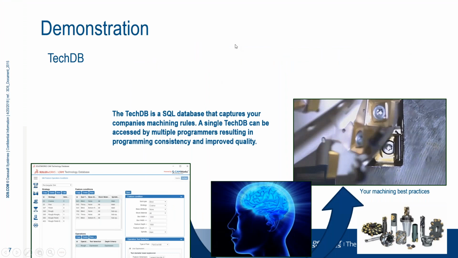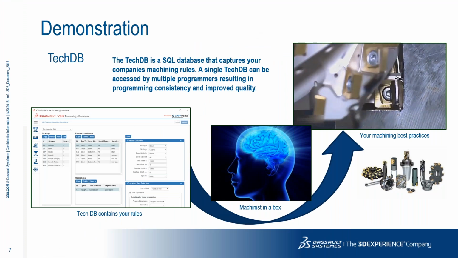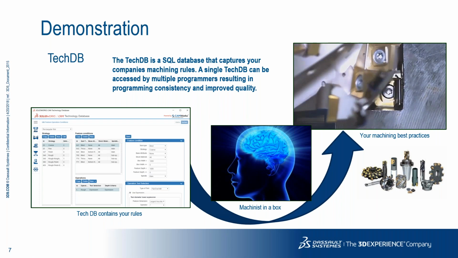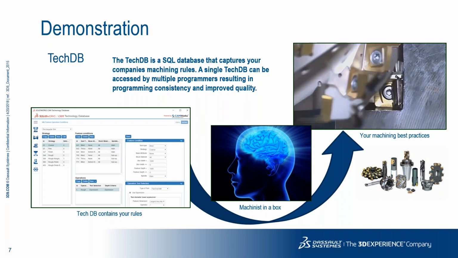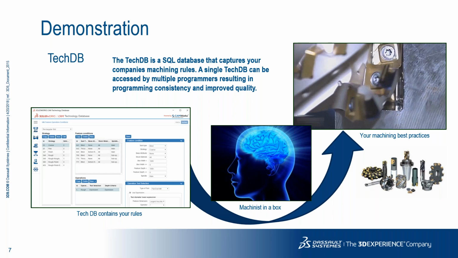So the TechDB, first of all, is a SQL database that captures your company's machining rules. And that's exactly what it does. The other thing that's important is that a single TechDB can be accessed by multiple programmers over the network, resulting in programming consistency and improved quality for everything that goes to the shop floor.